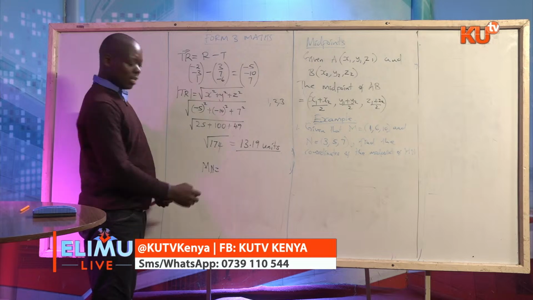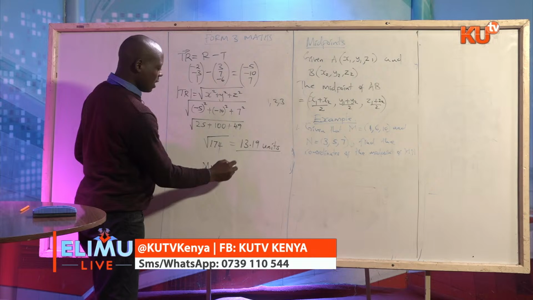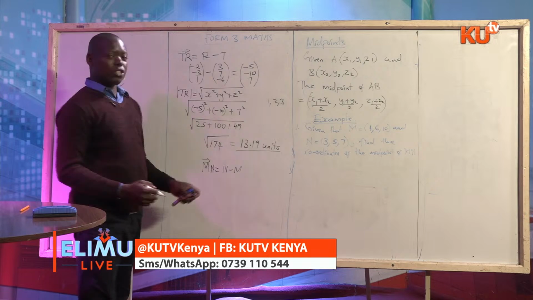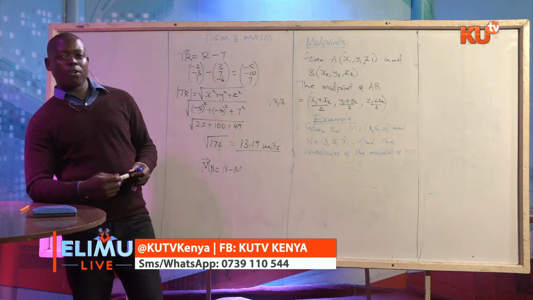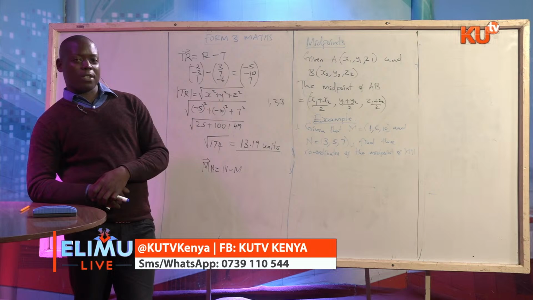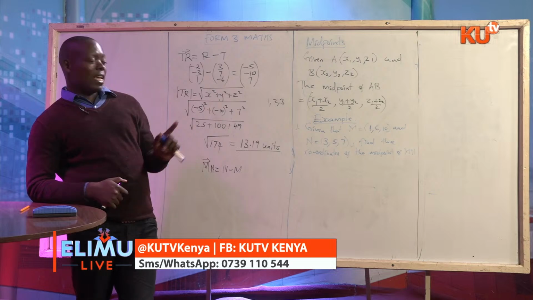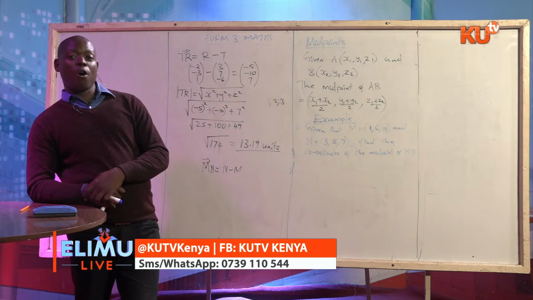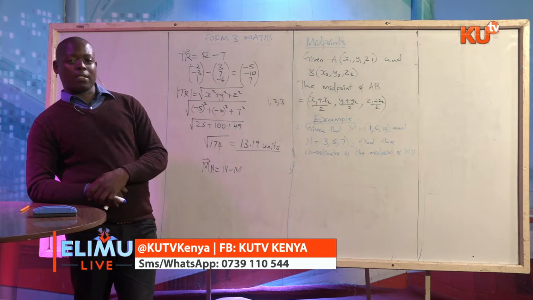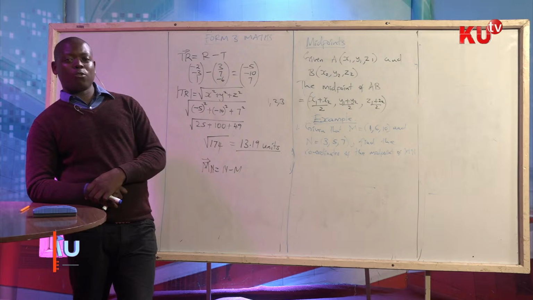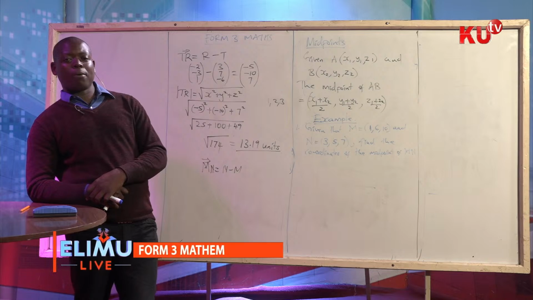N minus M. So you'll find a student rushing to this as a solution to that question, forgetting it is about the coordinates of the midpoint. So you need to be very careful as you analyze any particular question in mathematics. Know what the examiner is asking you to do and how to approach that particular question.